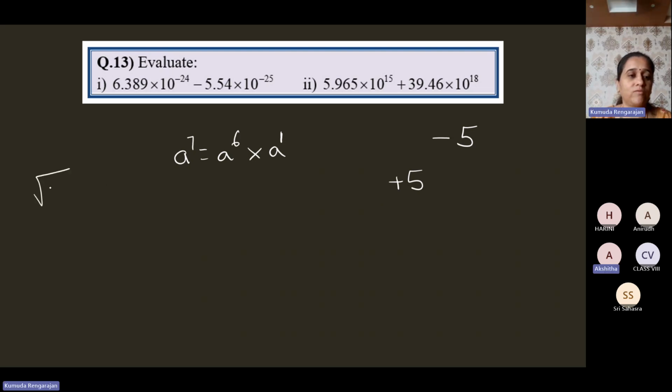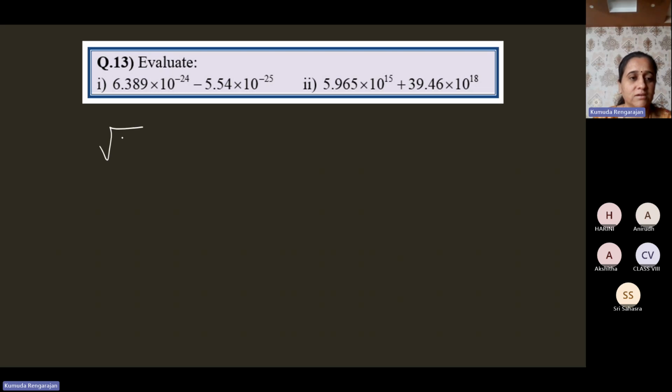When we write square root of 49 like this, there is a 2 here, but we don't show it. But if it is cube root of 49, you need to show a 3 here.